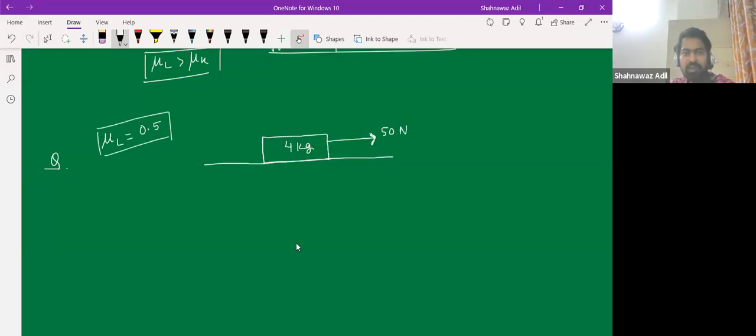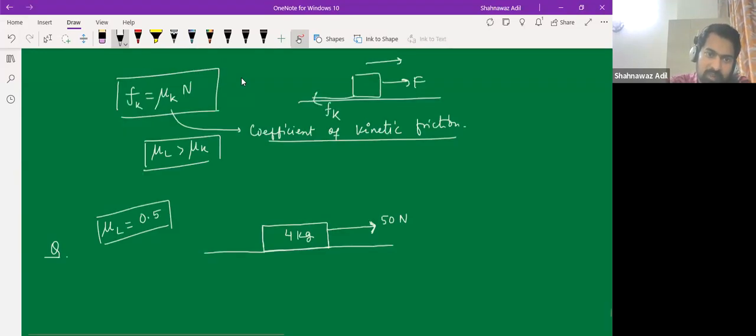Okay, so this is the coefficient, and let's see what the unit of this coefficient would be.